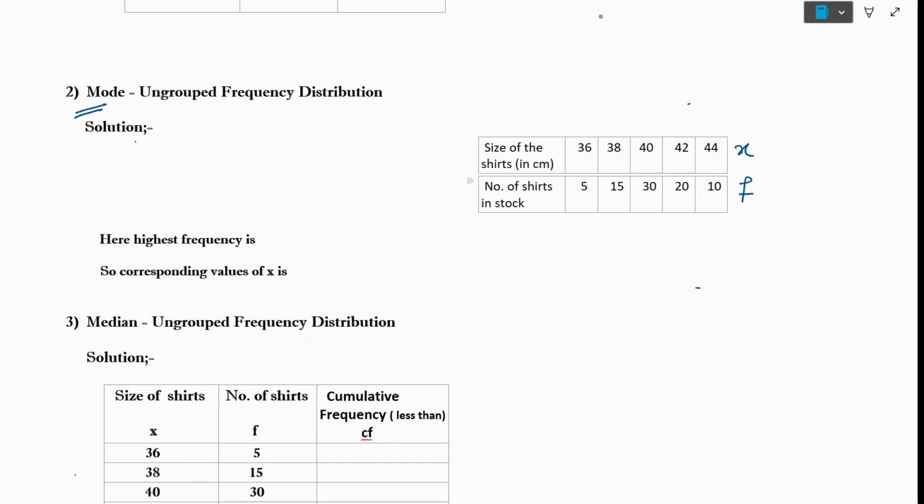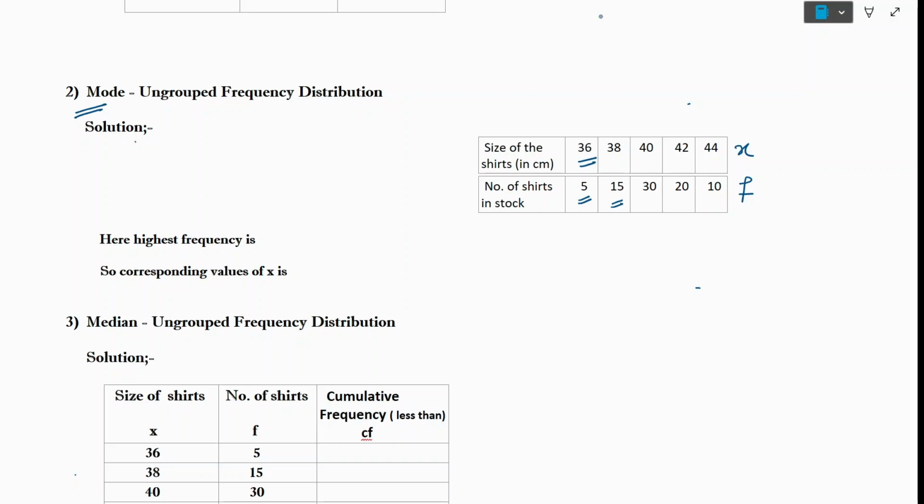That is, the mode is a value which occurs a maximum number of times. Here 36 is your X, and this X is repeating 5 times. The size of shirt 38 has 15 shirts in stock, and 40 has 30. Therefore, mode is a value that is repeating maximum.